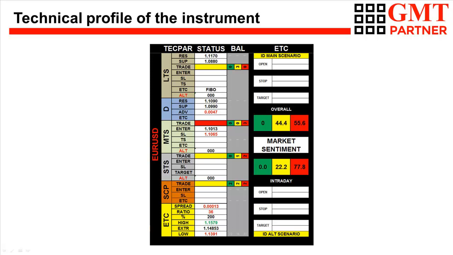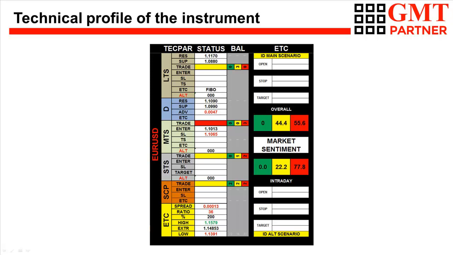As you can see, there are LTS, MTS and ATS sectors, corresponding to the long-term, medium-term and short-term trading strategies. There is also the Sector D, which corresponds to the daily time frame, the Sector SCP, which corresponds to the scalping strategy, and the Sector ETC, which indicates other technical parameters of the financial instrument.